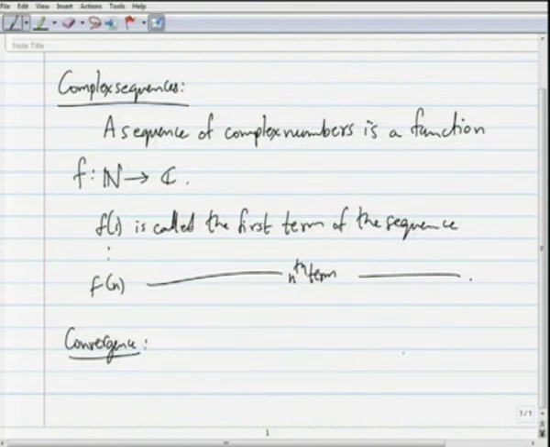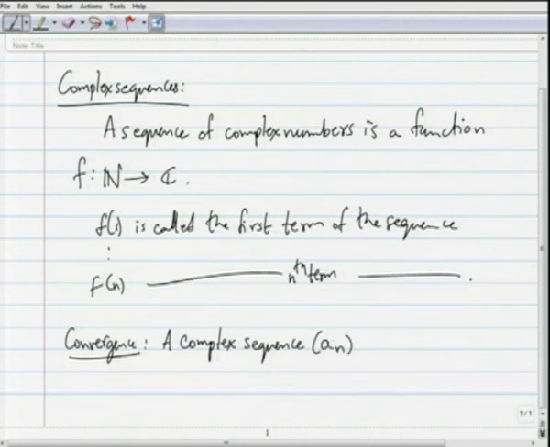Okay. So, a complex sequence, I am switching to the notation a n.